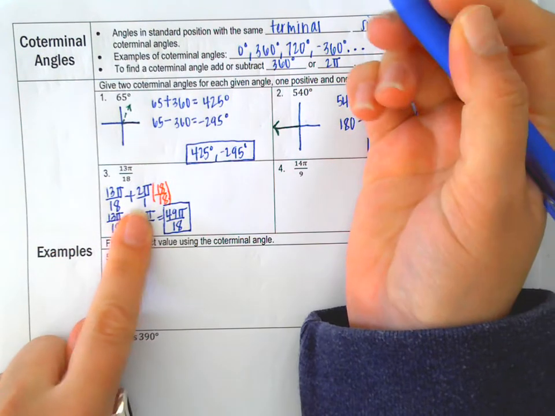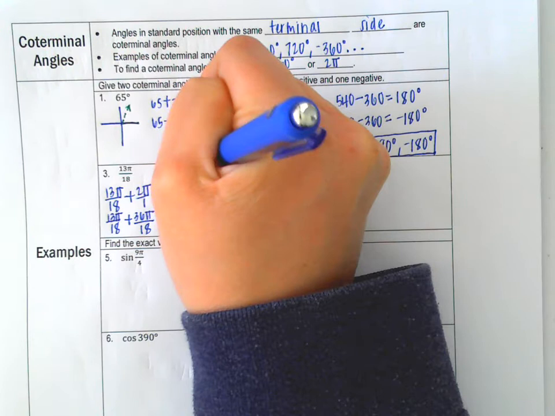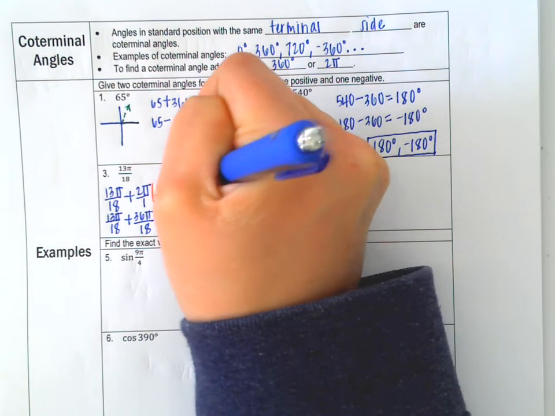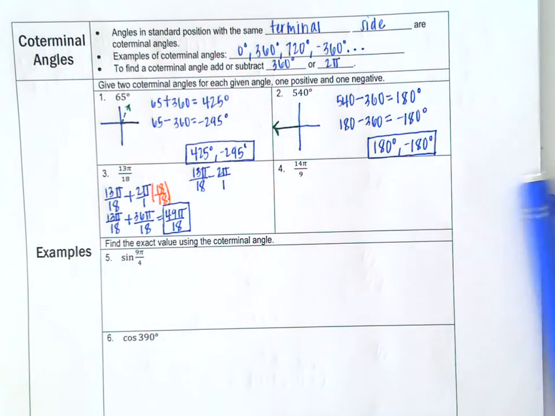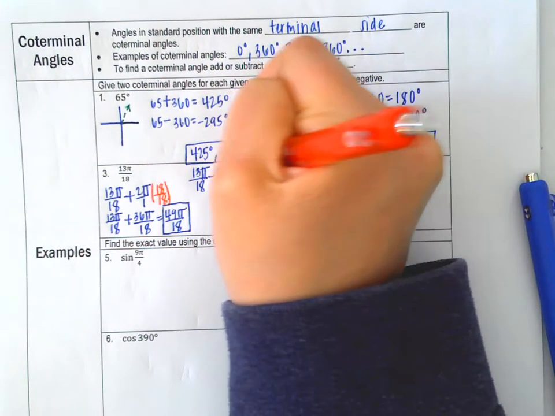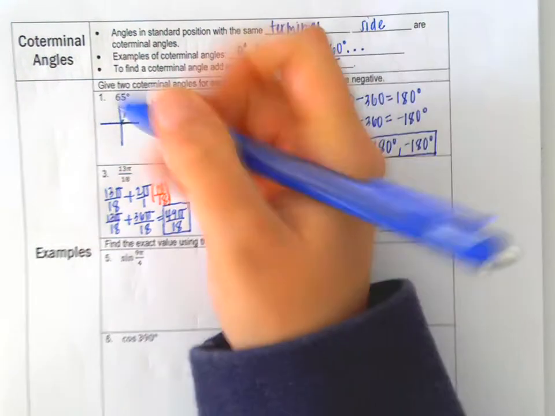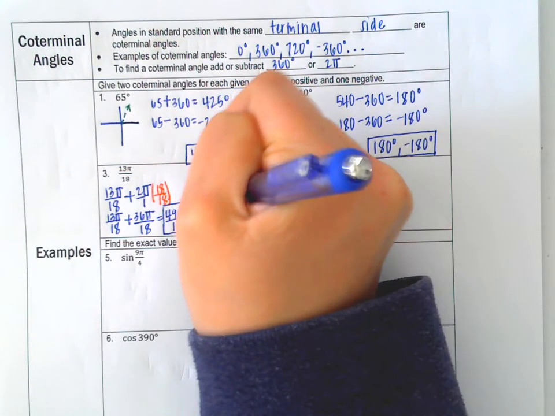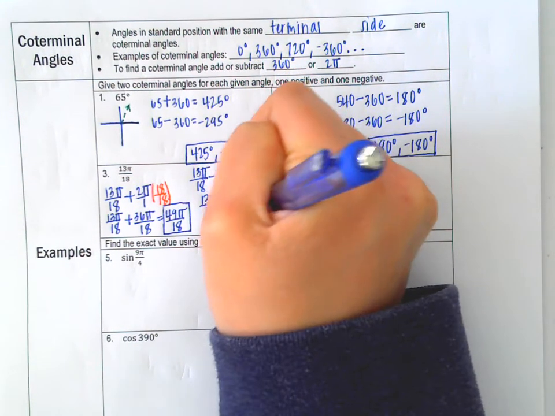Now I'm going to do the same thing to get my negative. I'm going to subtract. So 13 pi over 18 minus 2 pi. Again, we have to get that common denominator. And so we're going to be doing 13 pi over 18 minus 36 pi over 18.